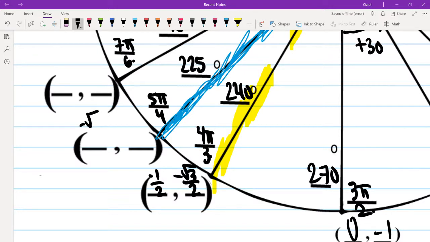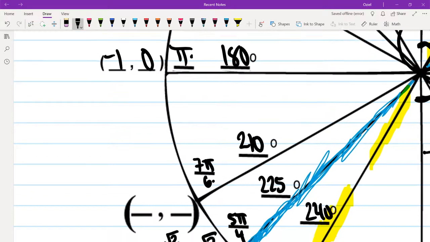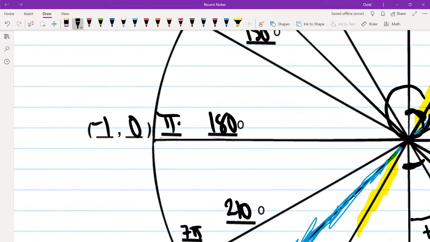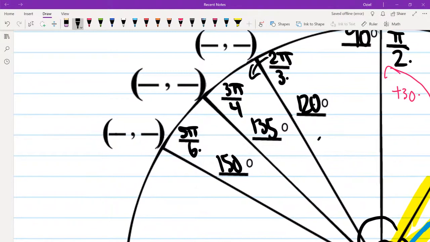So you would say negative square root of 2 over 2, negative square root of 2 over 2. And then 7 pi over 6 corresponds to negative square root of 3 over 2, negative square root of 3 over 2. And then you would have negative 1, 0 there.